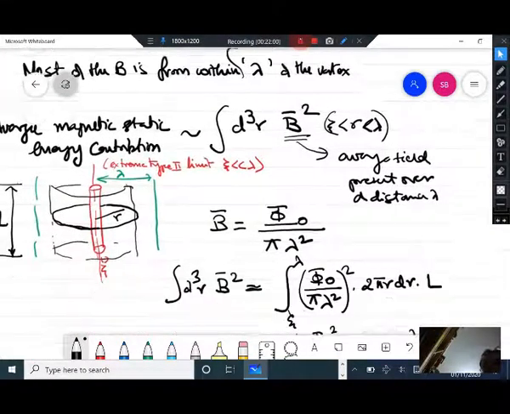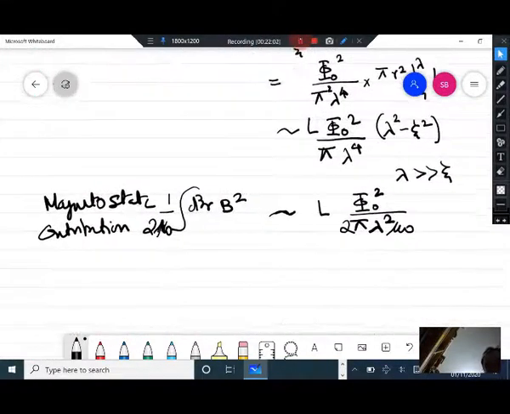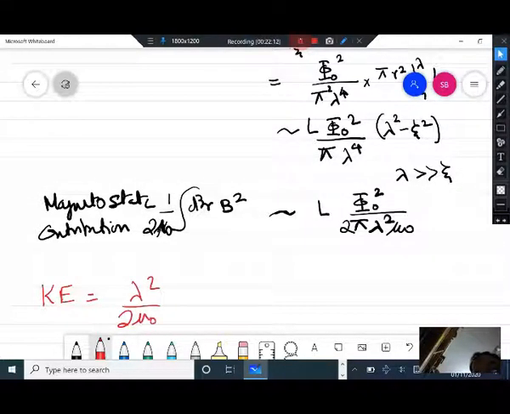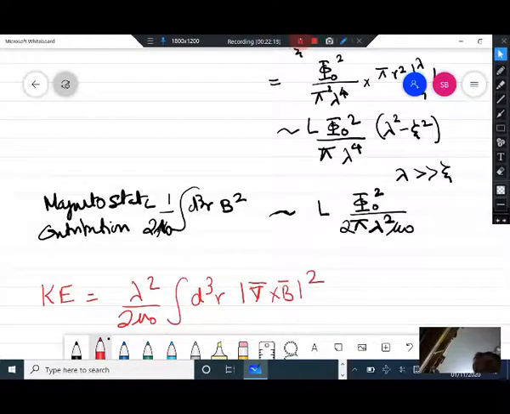So let's write that down. The kinetic energy contribution now would be lambda square by 2 mu naught integral d cube r, curl of B the whole square.